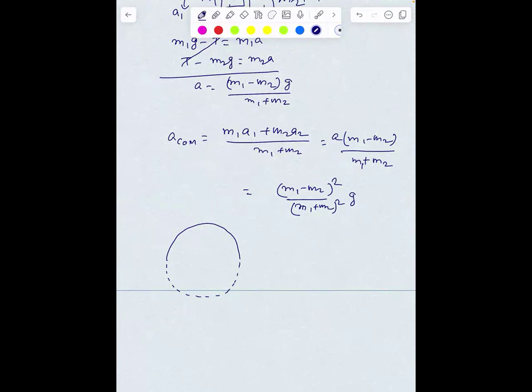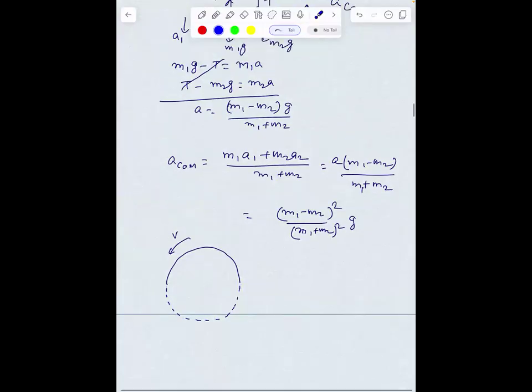This is semicircular, guys. This is actually moving with velocity like this. So what will happen? They will go like this. This disk is moving with velocity v like this.